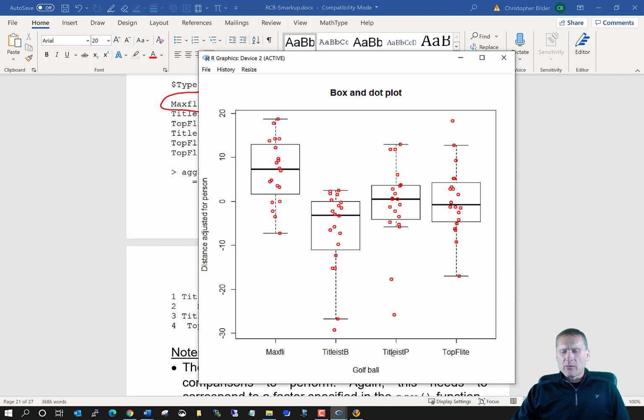And here's Titleist P, and we can see again how max fly is somewhat shifted, at least part of it is shifted above. Definitely the median is higher for max fly than Titleist P. But it's not as clear cut, or not as extreme, as what we see when we compare max fly to Titleist B.